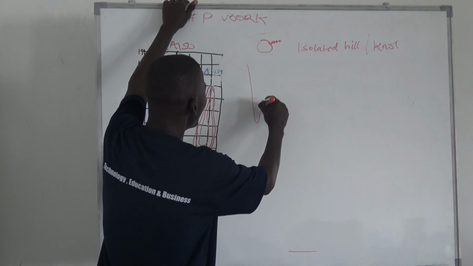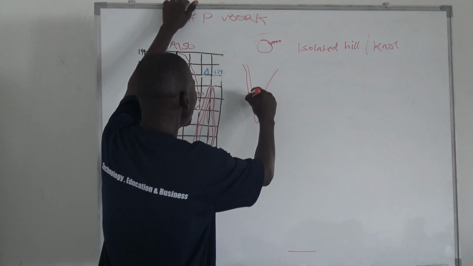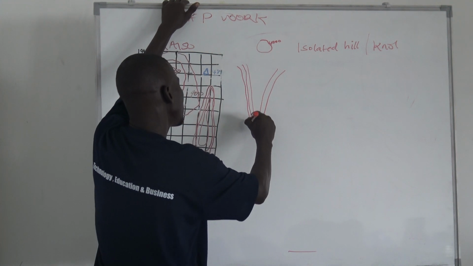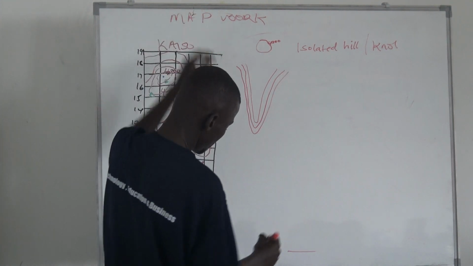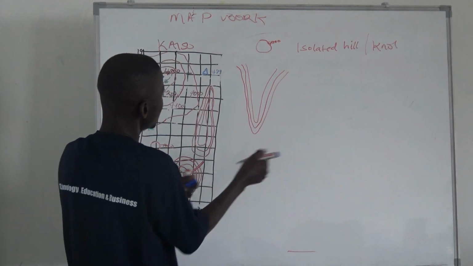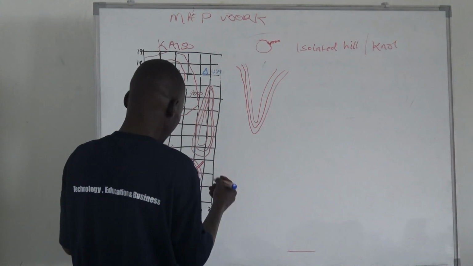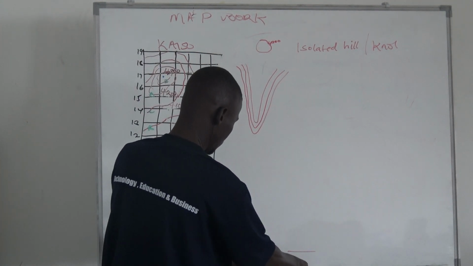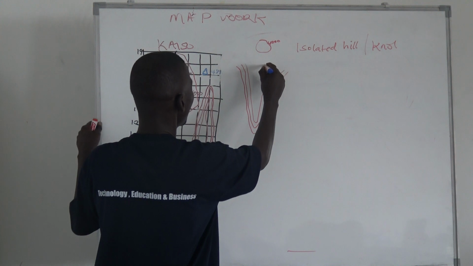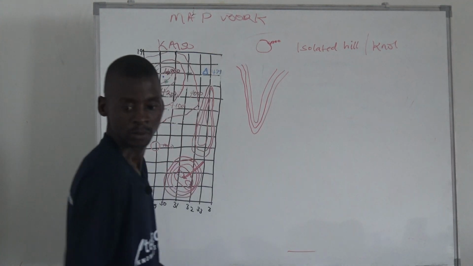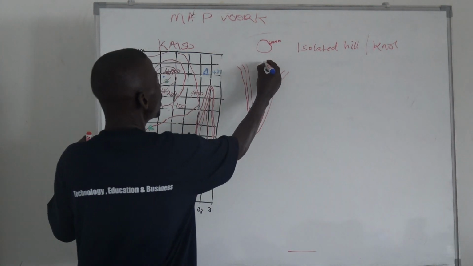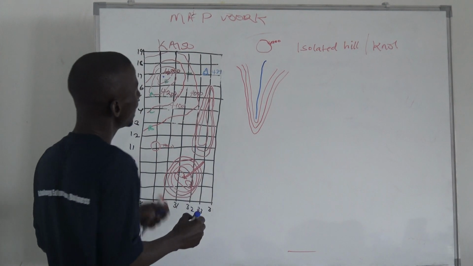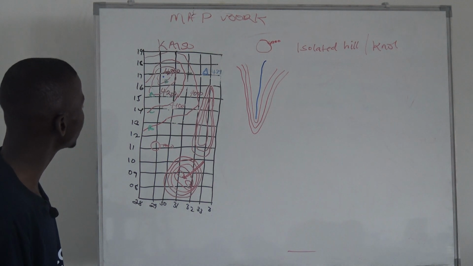Sometimes contours form that shape, and in most cases, within this shape is a line in a blue color like that.